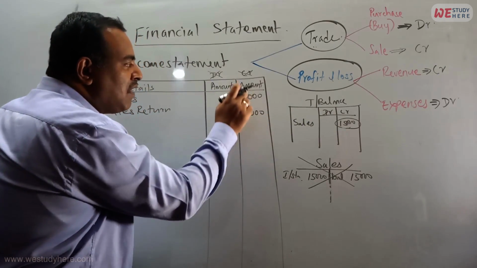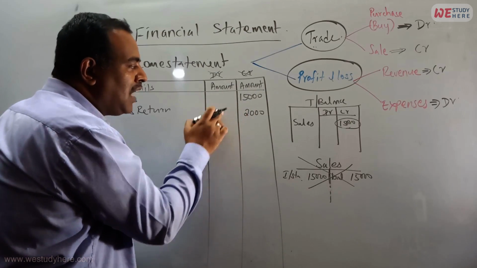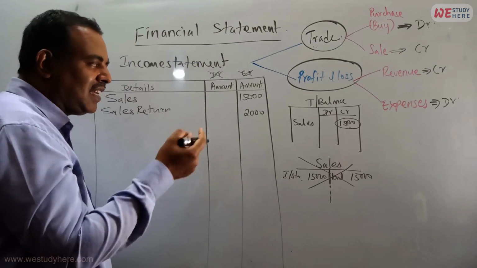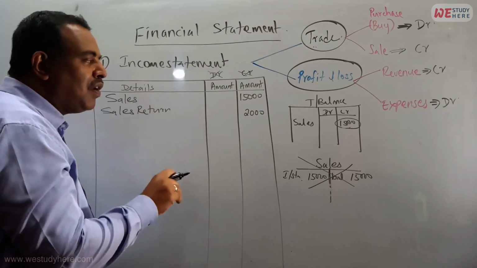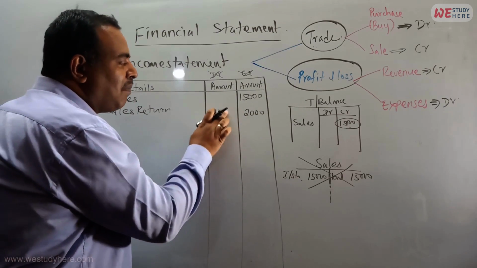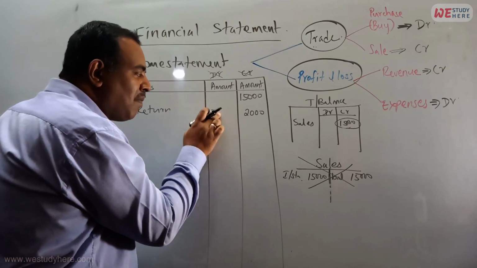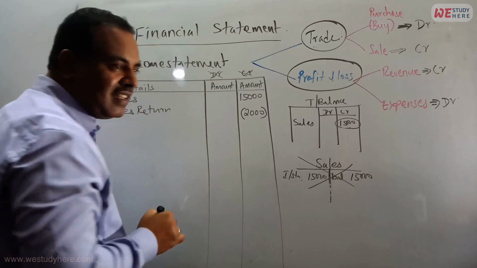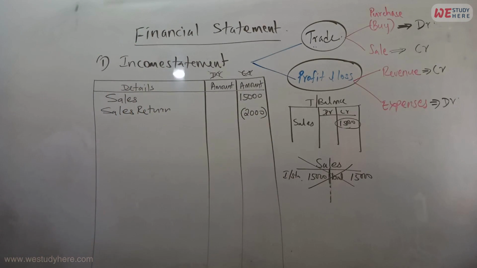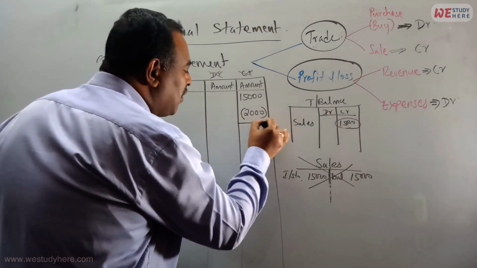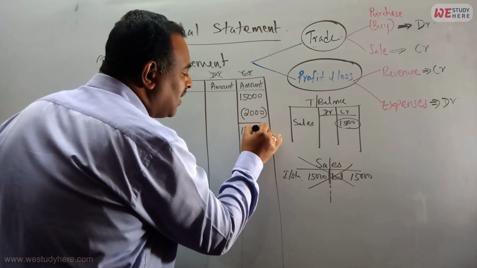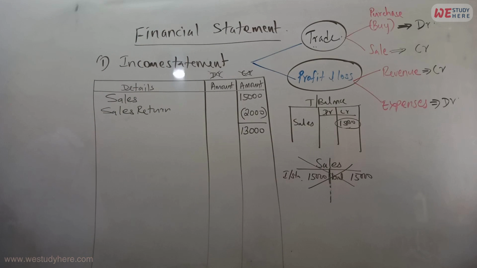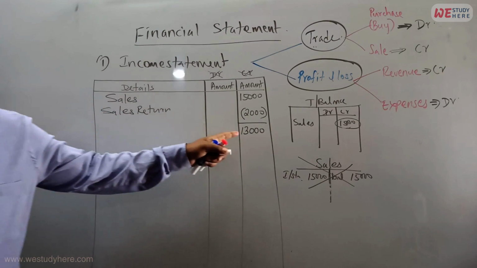Then credit side 15,000, debit side 2,000, how much is the difference? 13,000. What did you do? Because it is on a different side, we minus it. But accounting policy says you cannot write it under the debit side, because even though it is debit, it should go under the sales, you have to minus. Clear? Now actually how much sales do we have? 13,000. Understood? This is a format that we have to follow. We cannot change the format. Now the sales part is finished.